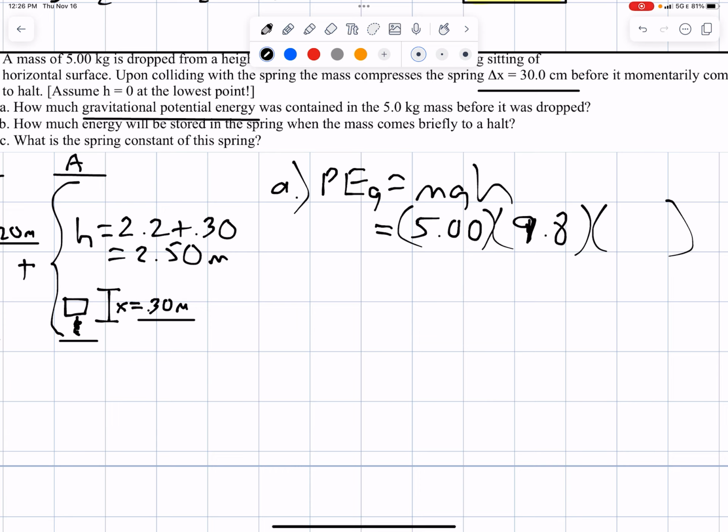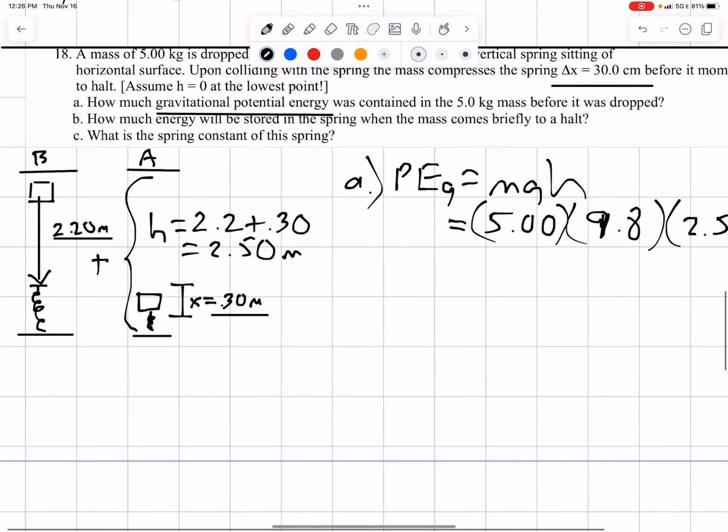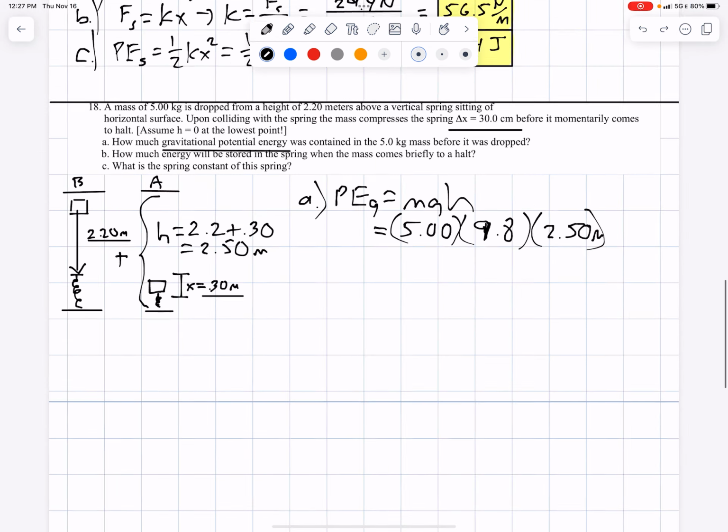And we're dropping it from a height. We're taking this point here to be 0 potential energy, 0 height. So that means the full height that it dropped from was actually 2.5 meters, because we're talking about the height that it dropped plus the height that it drops even more when it compresses the spring.